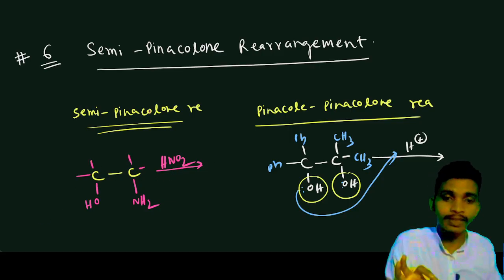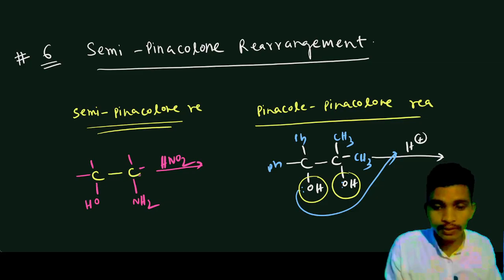So it means that of two adjacent carbon atoms, one carbon has OH and the other carbon has NH2.